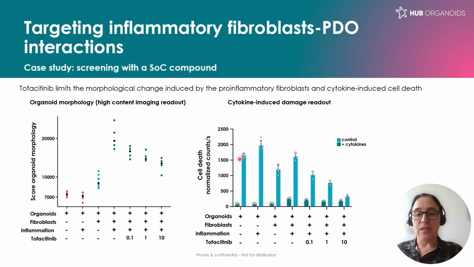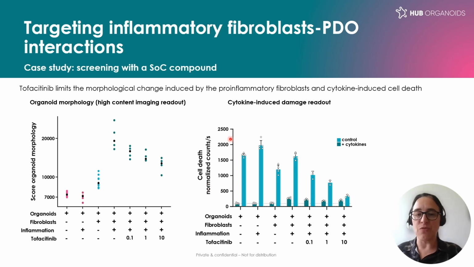But what we think is relevant is that when we are damaging the epithelium, we see an increase in cell death of the epithelium, with some protection when we use normal fibroblasts, but no protection when we use inflammatory fibroblasts. As soon as we include tofacitinib in combination with inflammatory fibroblasts, we see a recovery, a protection against the cell death response.